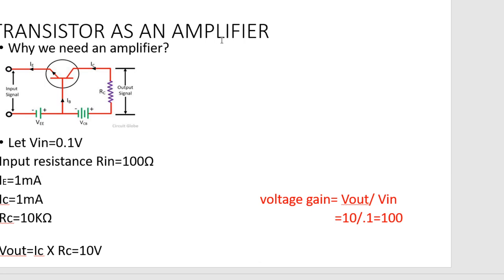So what is an amplifier, or what is the function of an amplifier? The amplifier just increases the strength of the signal applied to its input. If you are applying 1 volt, it is getting converted into 100. So basically an amplifier is just improving the signal amplitude.